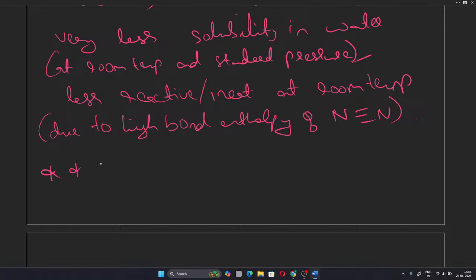It will become more reactive at higher temperatures.